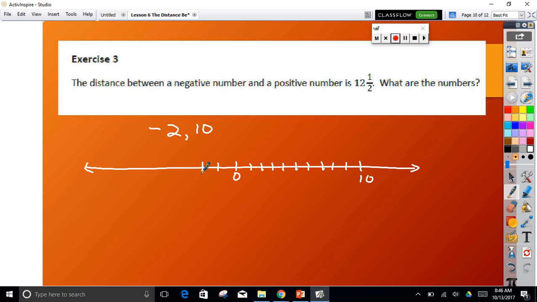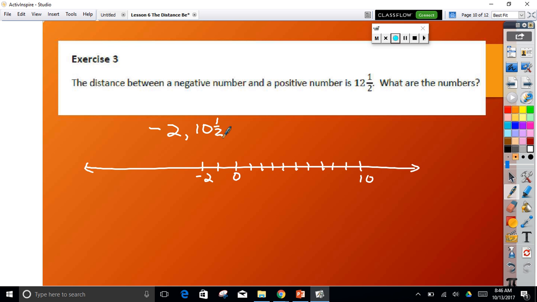And -2 would be here. My spacing's a little off there. So I see a distance here of exactly 12, but I want 12.5. So how could you change one of those numbers to give you an extra half unit of distance? You could make it 10.5. Good.